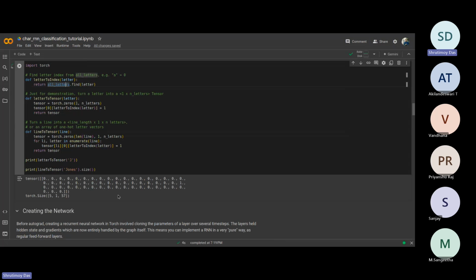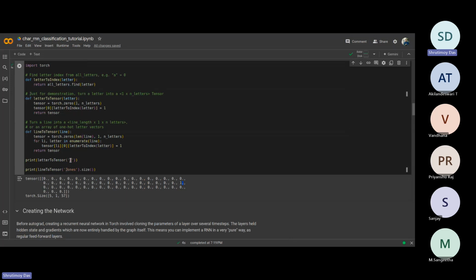Here you will see that I'm trying to show the embedding for the letter J. You see there is a one in the place where it says it is a J. This is a capital J, right?